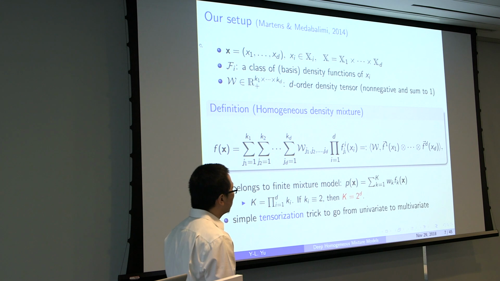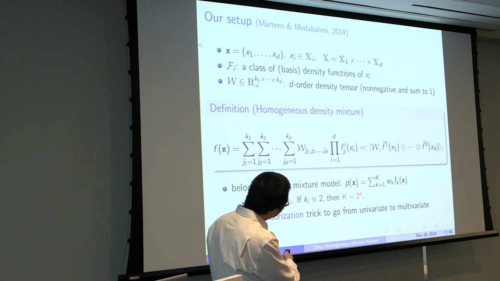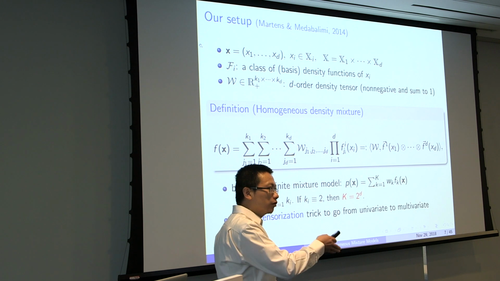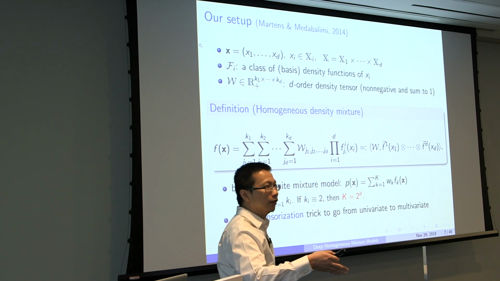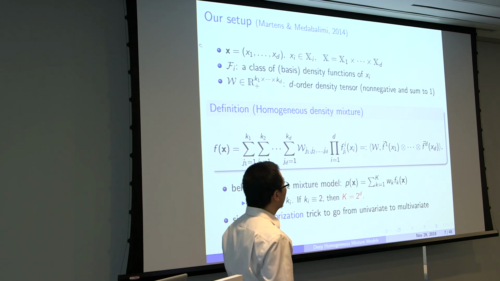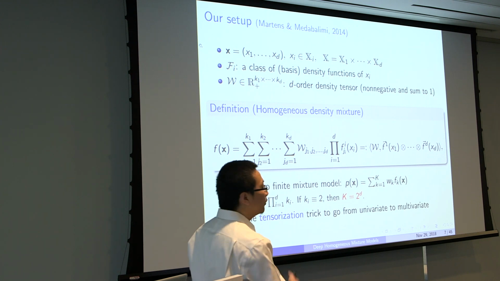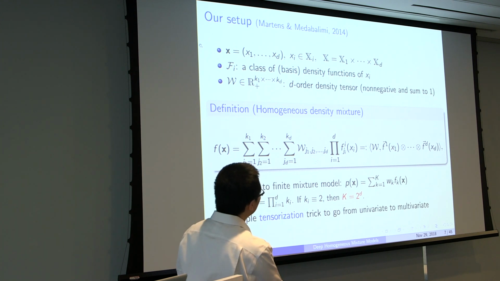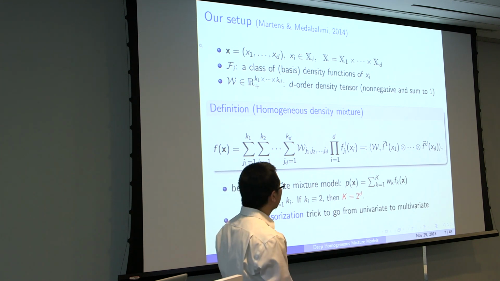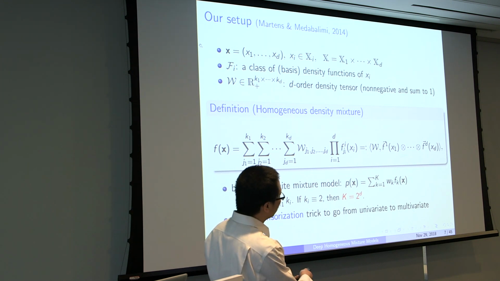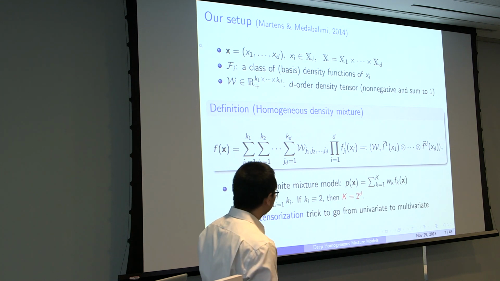If I use probabilistic language, this is actually a density function, and the marginals on each xi are independent, because I'm multiplying them together. And then you just combine them with these coefficients, which sum to 1, so this is, again, a very valid density function. Sometimes we use a shorthand for this very complicated formula.